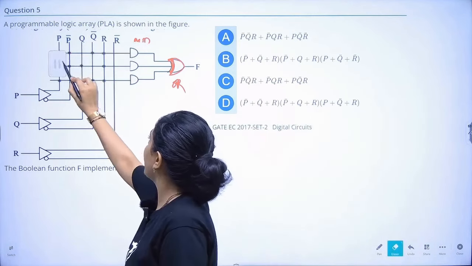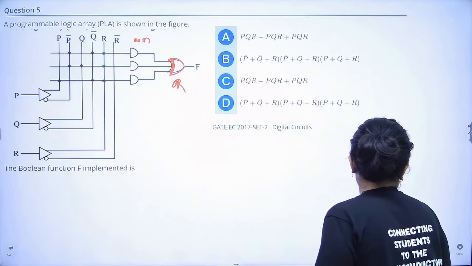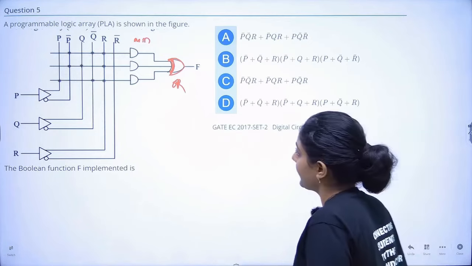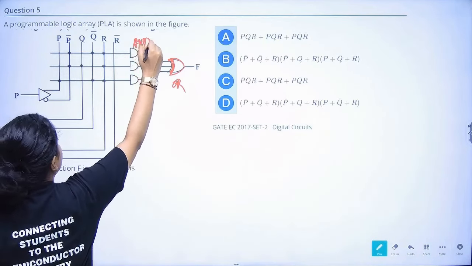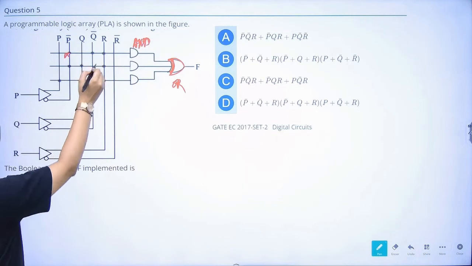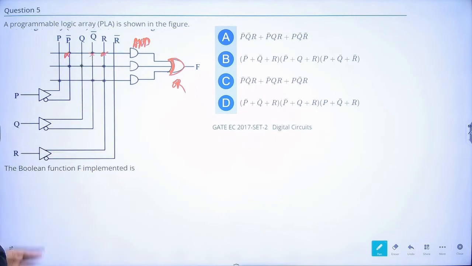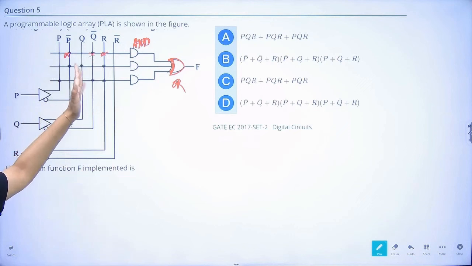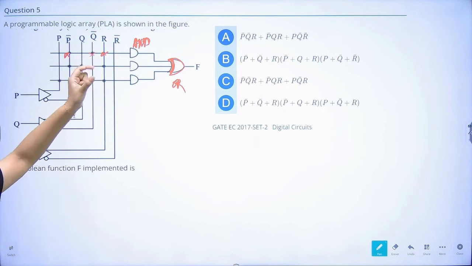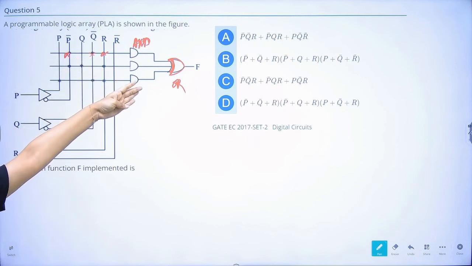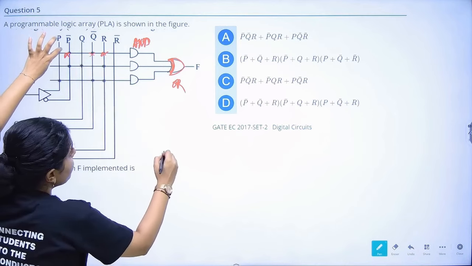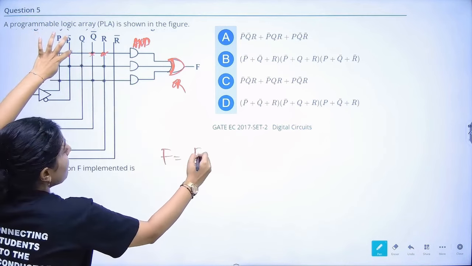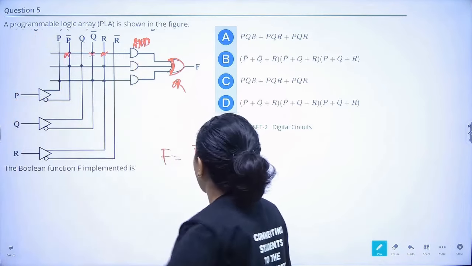So how does a PLA work? In a PLA, a cross basically means the points are ANDed and given to the OR logic. ANDed means we will multiply. So F will be P bar Q bar R for the first AND gate.